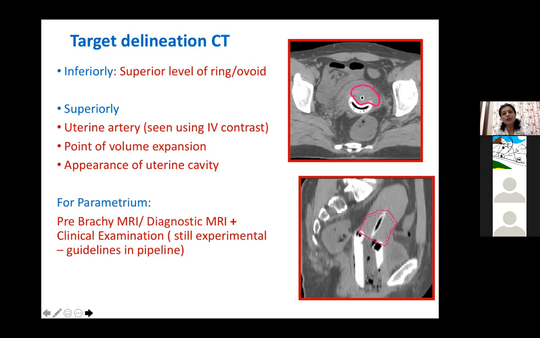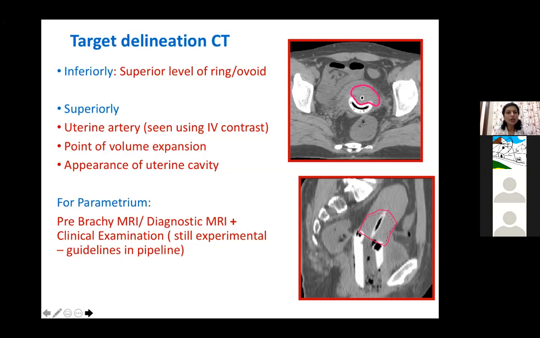So what one can do is take the help of an MRI, you can do a pre-brachy MRI. So it saves you the time of doing MR-guided brachytherapy at the time of brachytherapy. So a pre-brachy MRI can give you a fair estimate of the parametrial spread, and then with your clinical examination and MRI, you can have a fair idea about your HRCTV, which can be contoured or delineated on the CT scan.